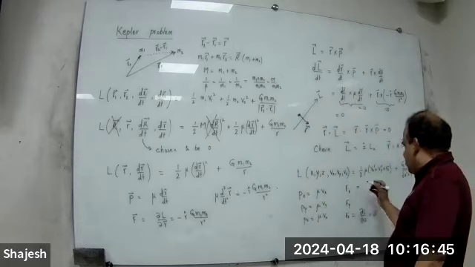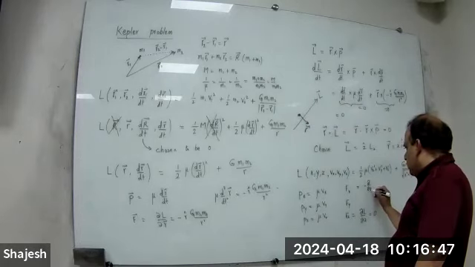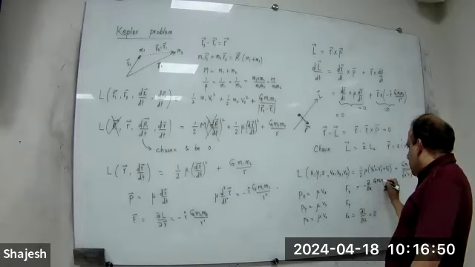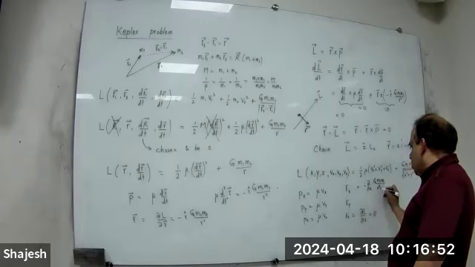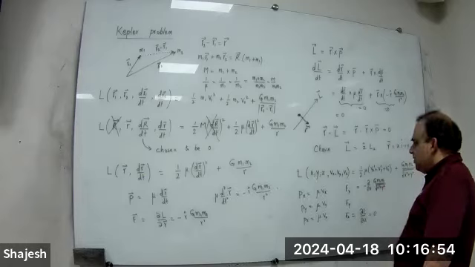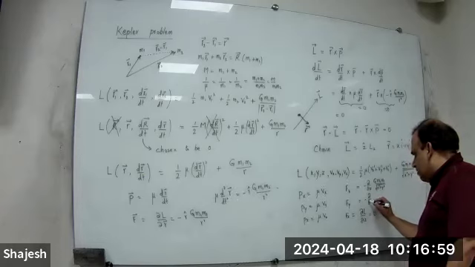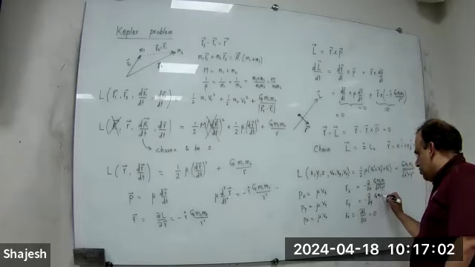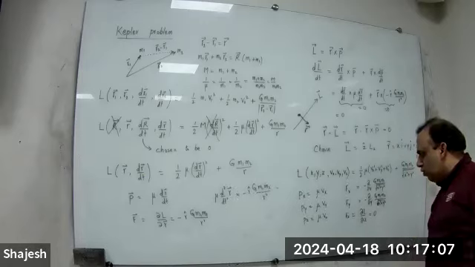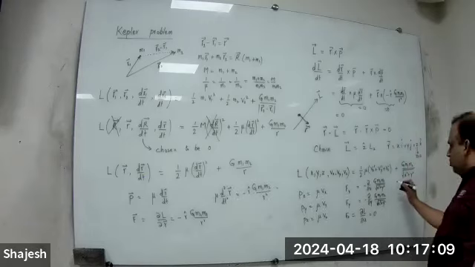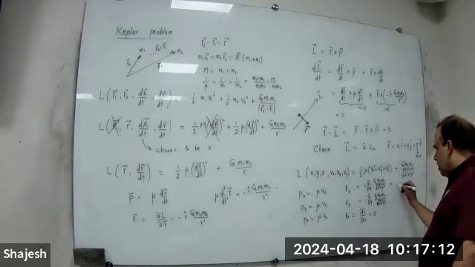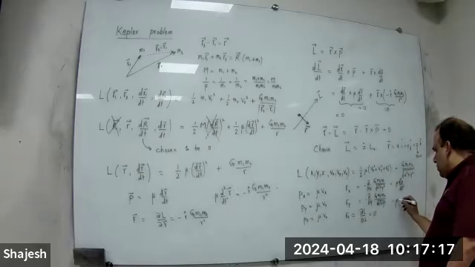What is Fx? It is minus d by dx of G m1 m2 over x squared plus y squared. That we can do. Do you want to evaluate that here? So this is d by dy of G m1 m2 over x squared plus y squared, which is equal to 0, and this is equal to mu times the second derivative of x with respect to t, mu times the second derivative of y with respect to t.